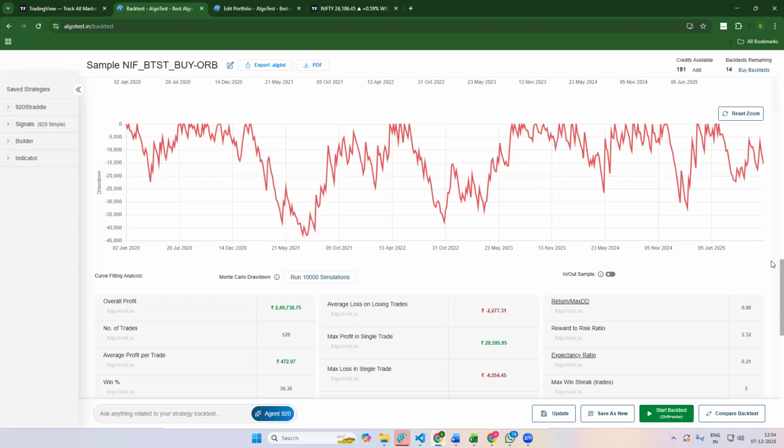Can you share this file? Once I get the Algo Test subscription, I will try this or backtest. Yeah, we will be sharing the files in the group.